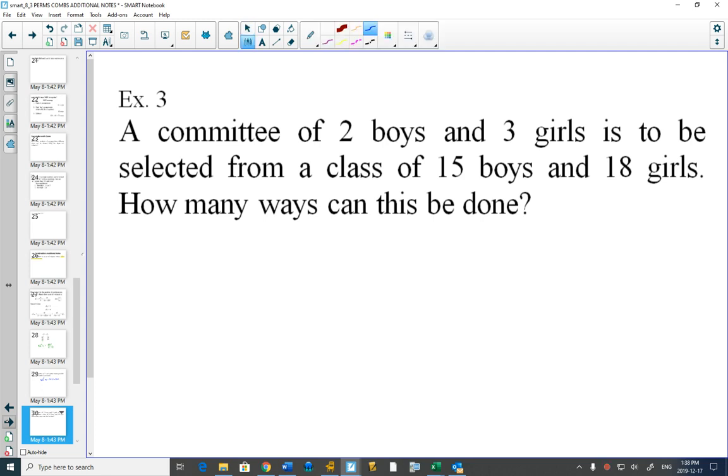But in this combinations question, we have 2 different decisions to make. We have to choose our 2 boys, so that would be 15 choose 2. And then we have to choose our 3 girls, which will be 18 choose 3.